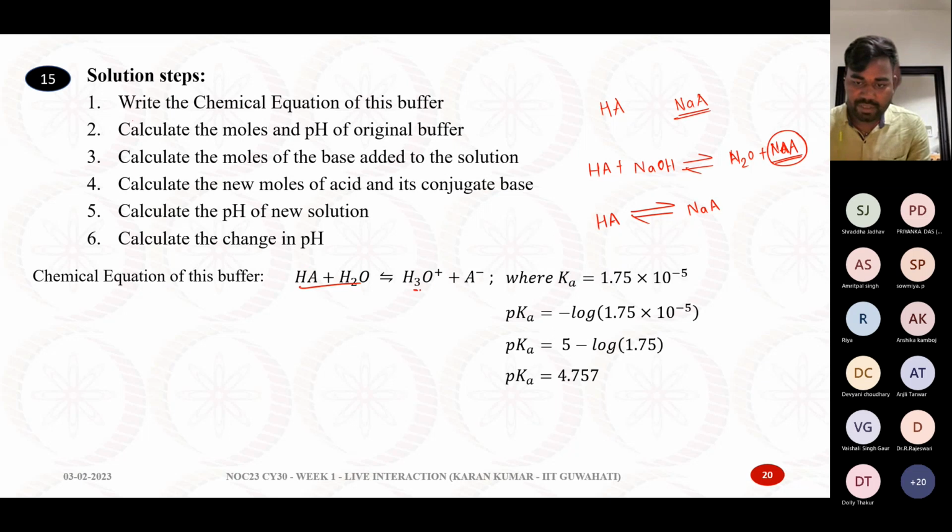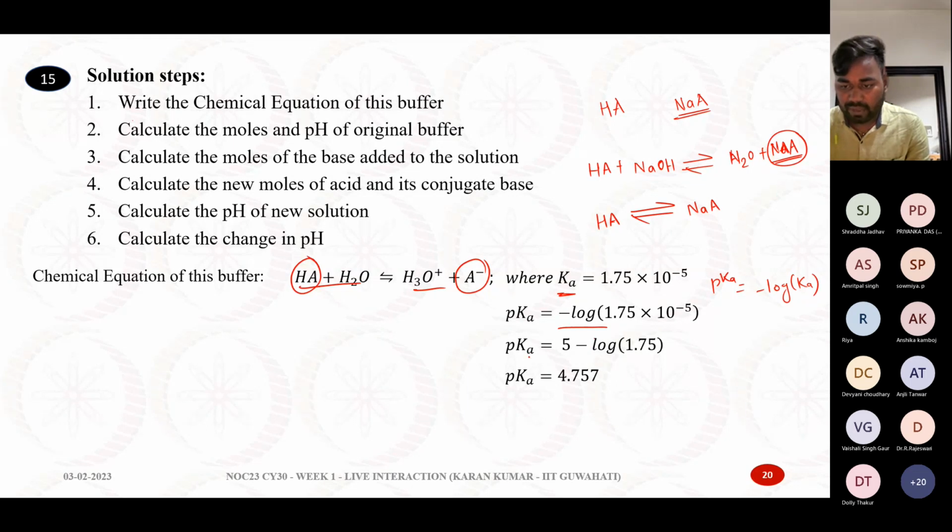HA plus water gives H3O plus and A minus, which is representing the conjugate base NaA. Now you have been given the Ka value of the weak acid, which is 1.75 times 10 raised to minus 5. Okay, so the pKa will be minus log of Ka, so you put the Ka value.